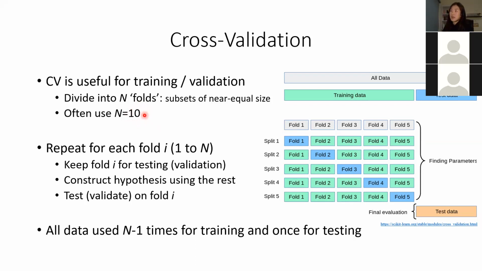So when people say, oh, I use 10-fold validation, then we know they are talking about cross-validation and how they split the data. So 10% of their data set is used for validation testing.